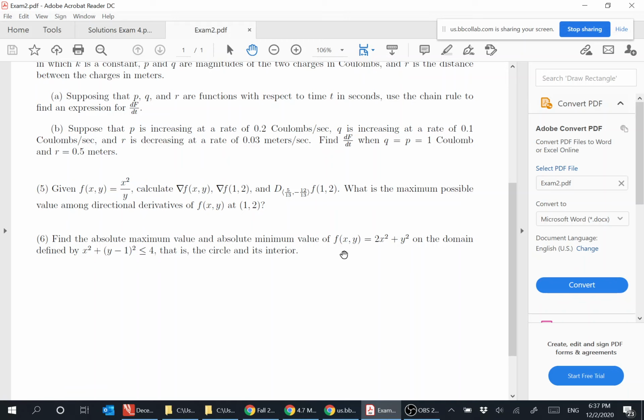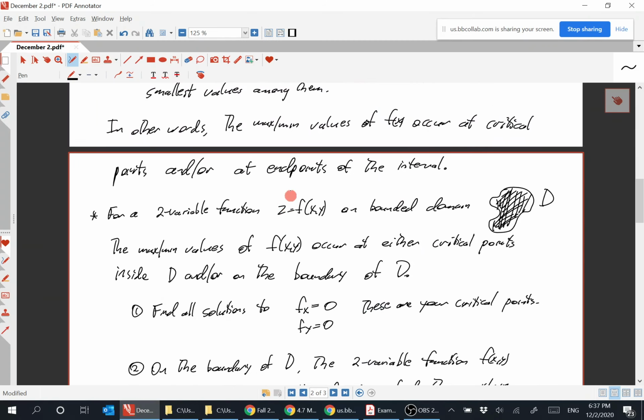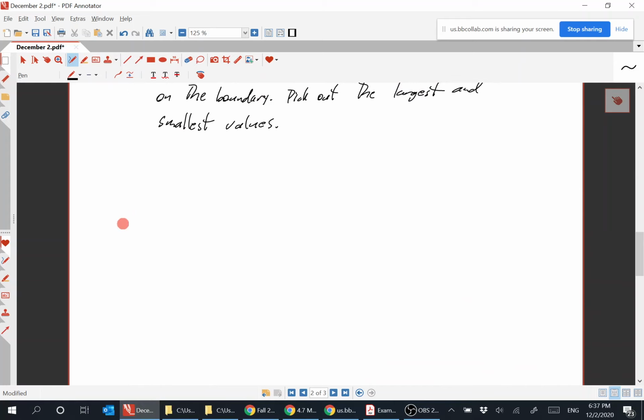Okay, here it is. So find the absolute max min of f(x,y) equals 2x squared plus y squared. All right, so this is exam 2. So we'll find the max min value of f(x,y) equal to x squared plus 2y squared.